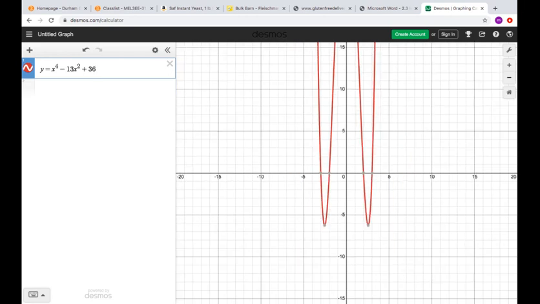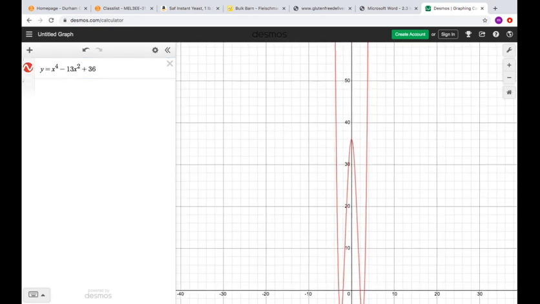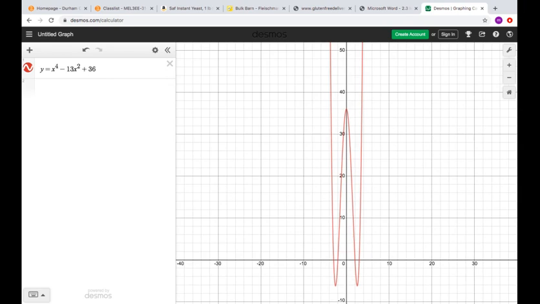So this is going to be symmetrical along the y-axis. So here's the graph. As you can imagine, in this case I have 4 zeros, and this is one of the possibilities. How many zeros can you have? You can have 0, 1, 2, 3, or 4. So in this case I have 4 zeros, and my zeros are -3, -2, 2, and 3.